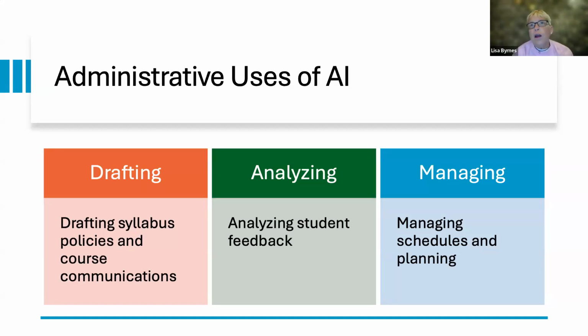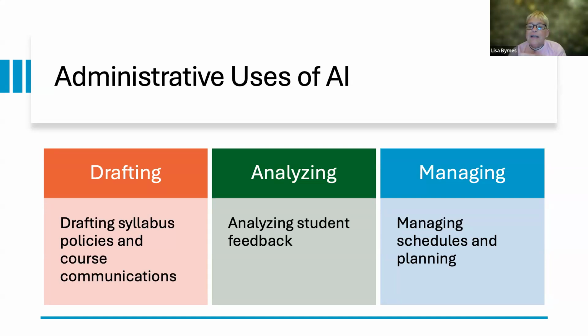Okay, so as well as using it for educational purposes, we can also use it for administrative purposes. AI can really help you with doing some behind the scenes tasks that you do with your course delivery. It can draft some syllabus policies, maybe even policies related to AI. It can maybe create some FAQ templates that you could use in your courses.